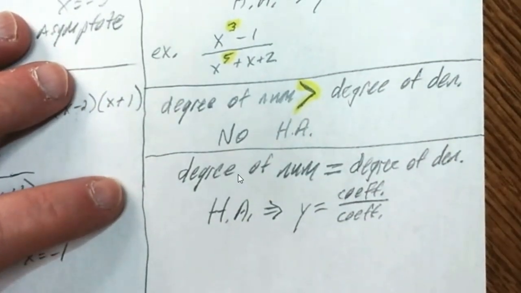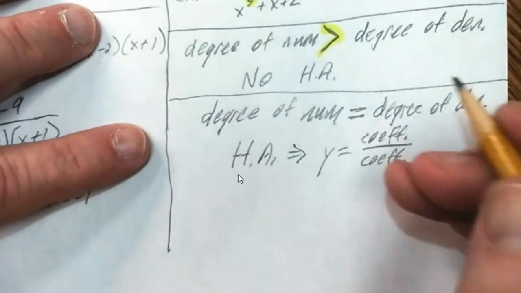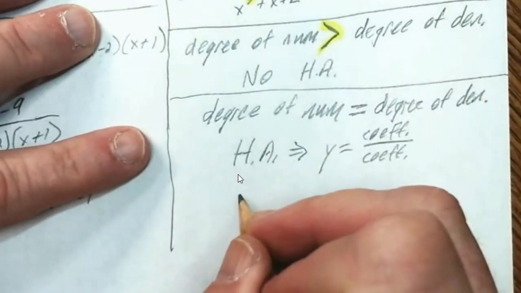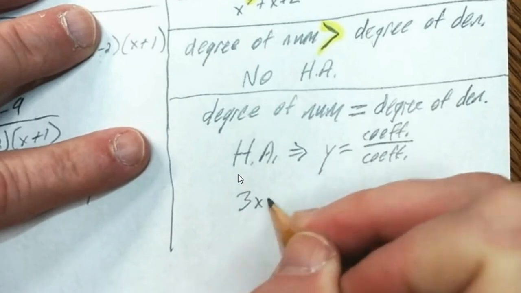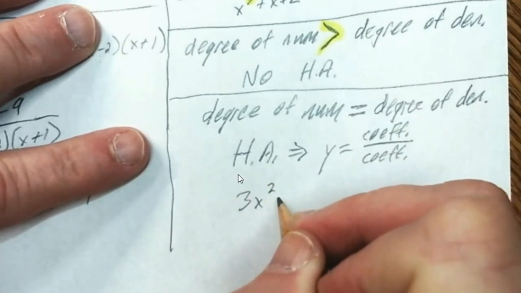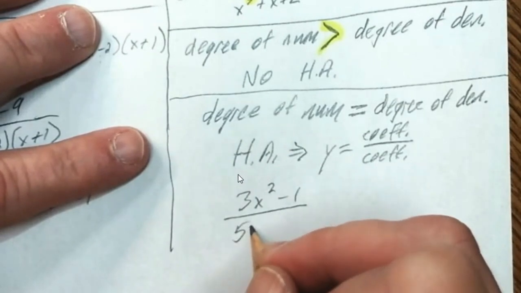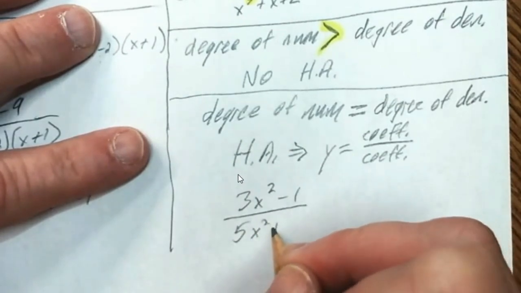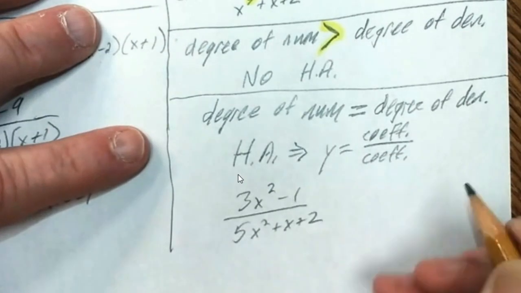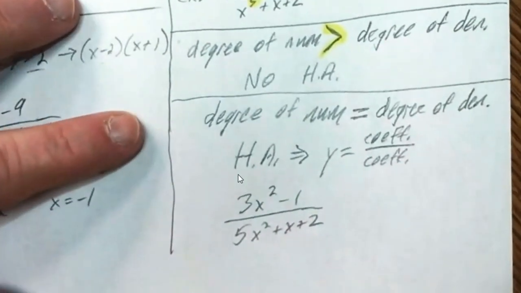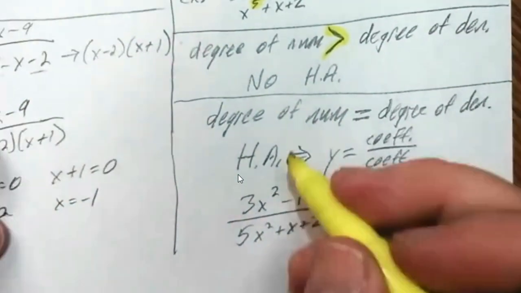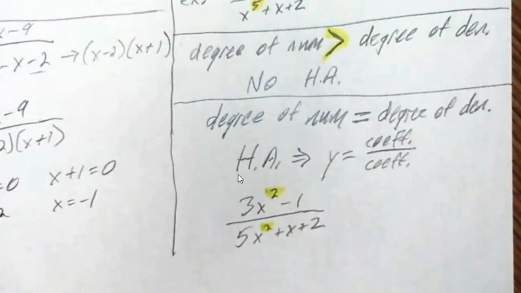You're like, what? For example, if this is 3x squared minus 1 over 5x squared plus x plus 2, the degree is the same on top and bottom. The largest exponent is a 2.